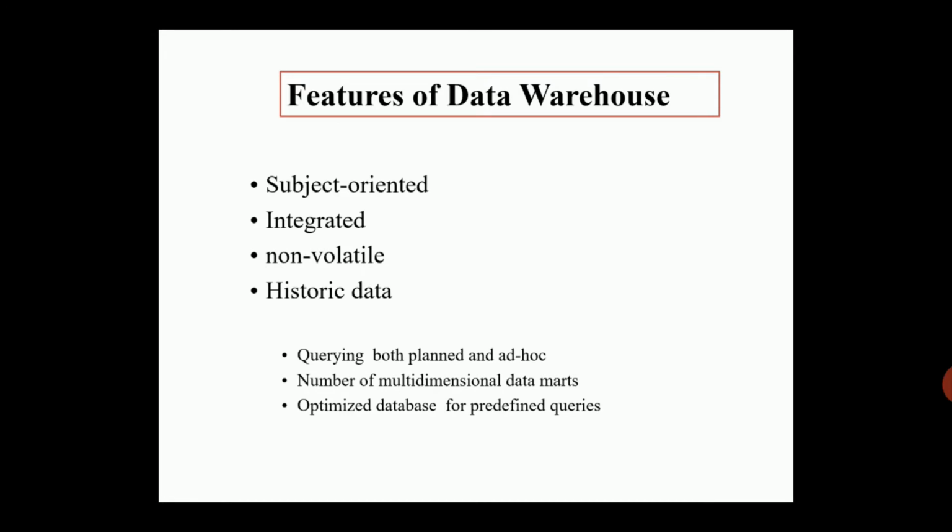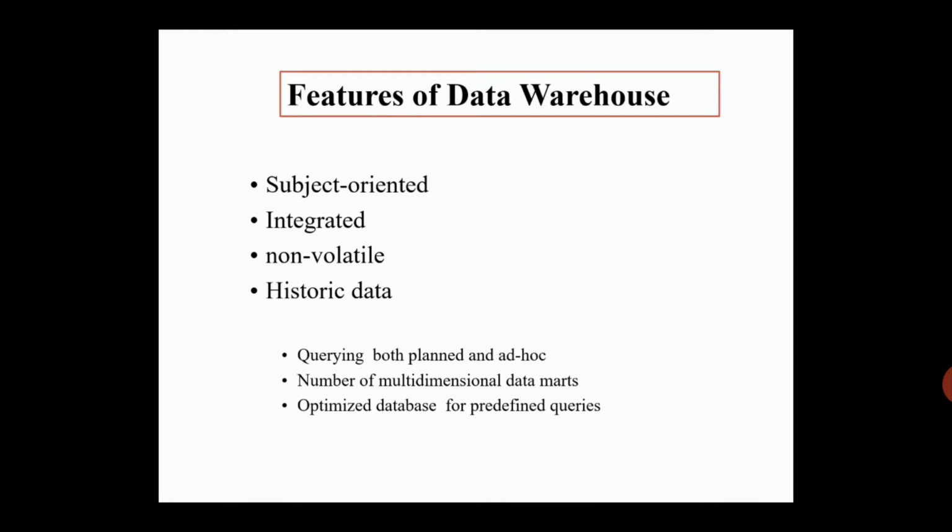Next feature, querying is done with both planned and ad hoc types of queries. So we have two types of queries: planned queries and ad hoc queries. Next feature, a number of multidimensional data marts. Optimized database for predefined queries.